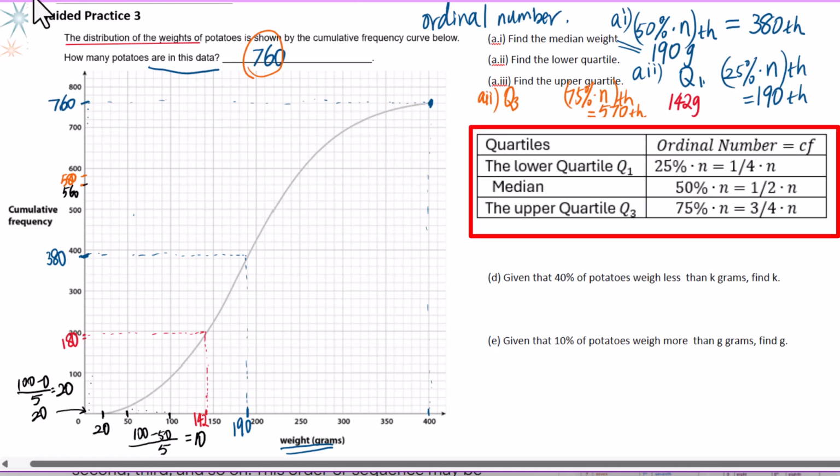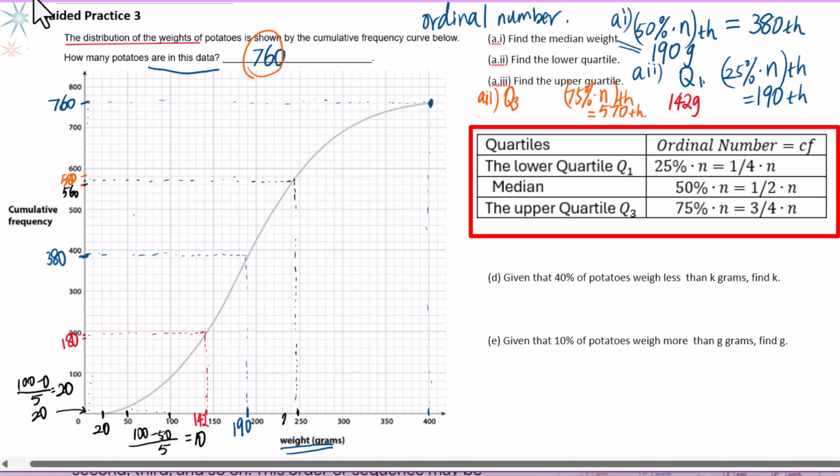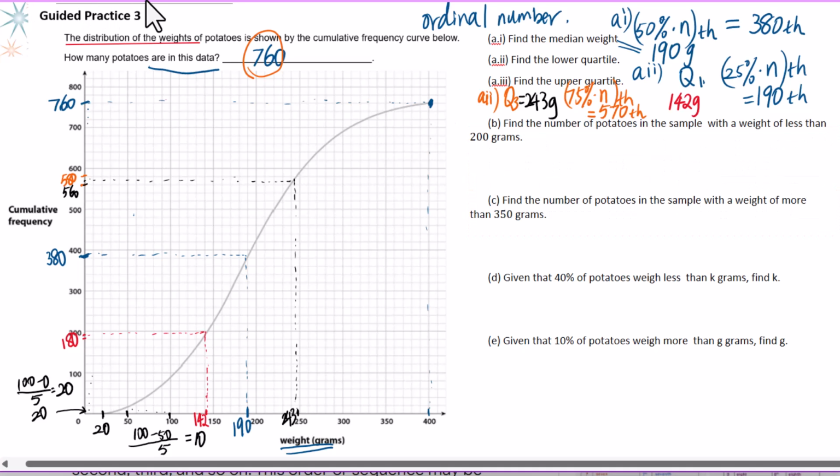So 570 is in the middle. As long as your answer is between 240 and 250, we count that as correct. 243. Q3 equals 243 grams. Let's go to B.